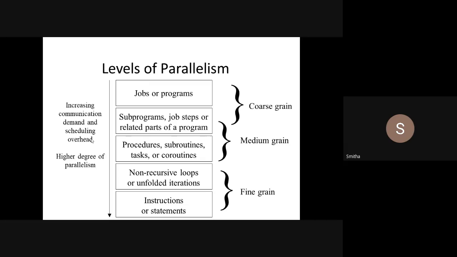Yes or no, students? Okay, the finer the size of grain, the more the communication demand and scheduling overhead. And the finer the size of grain, the higher the degree of parallelism.